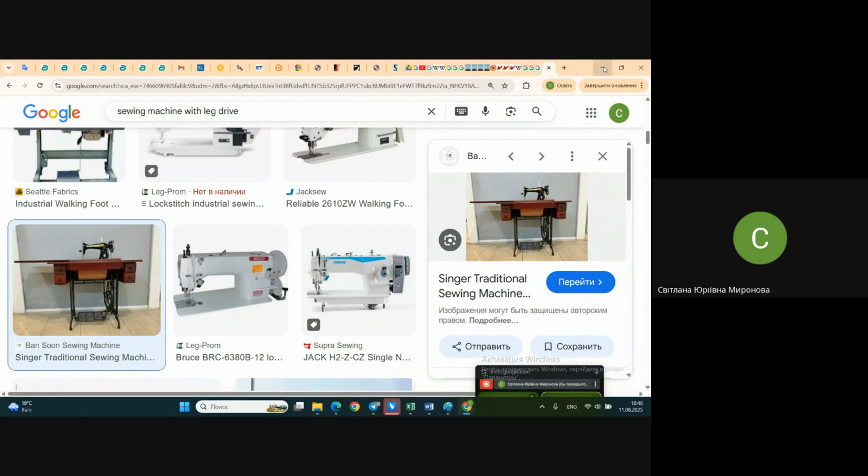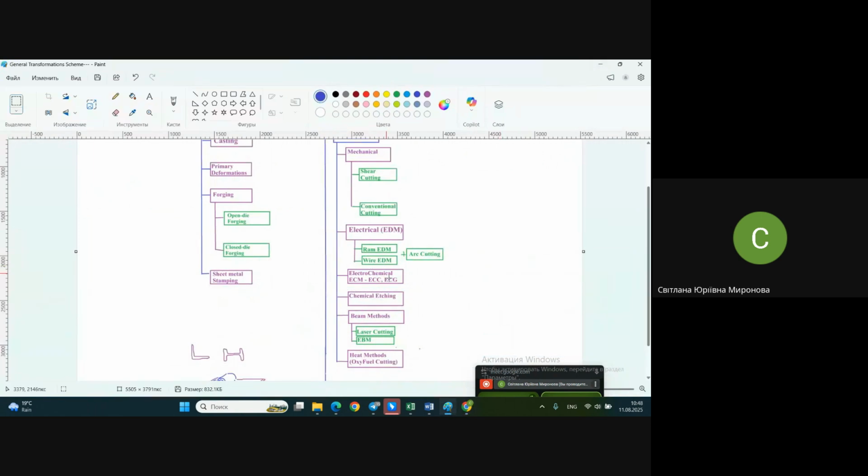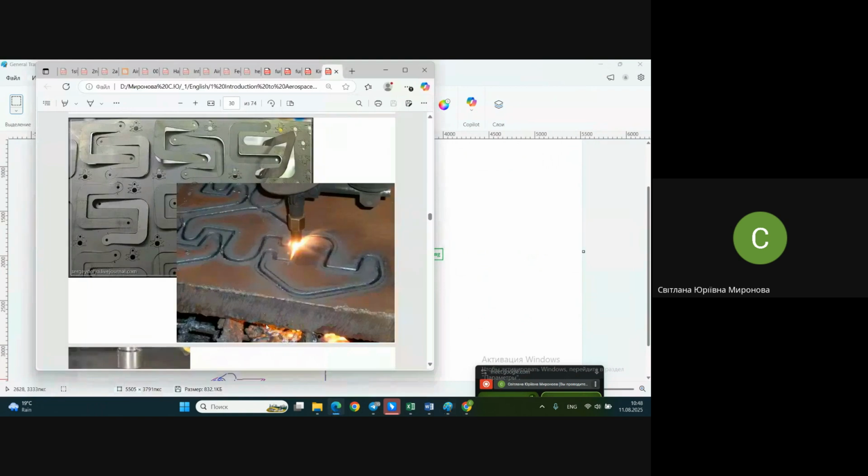So some conventional techniques, in case you have no electricity, like manual drilling, manual turning, are still available, but more electrically powered techniques like EDM, beam methods, and so on: no electricity, no machining.